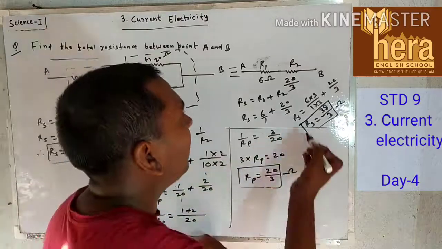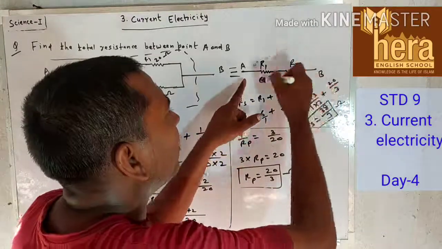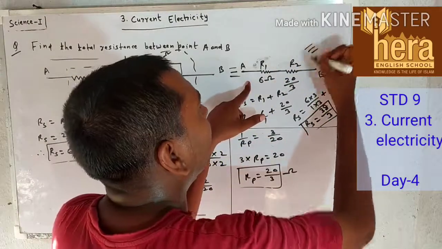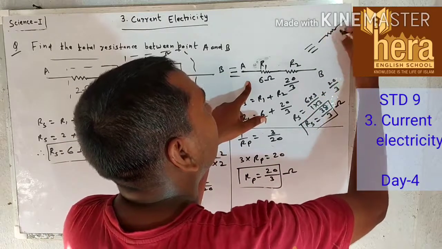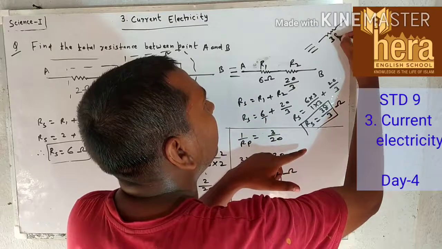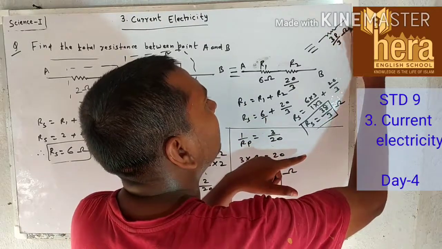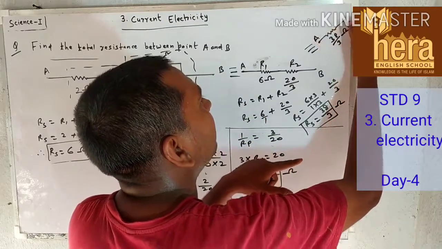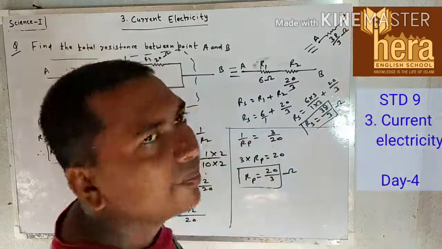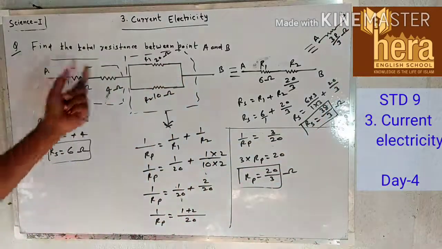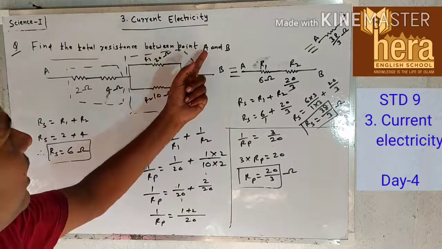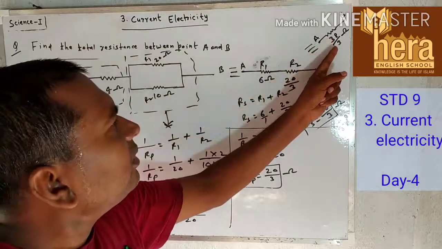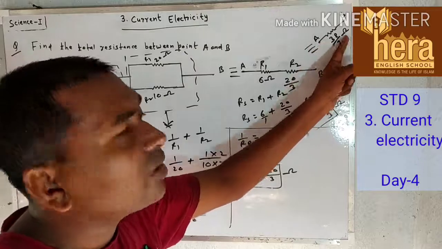After solving this, this is equivalent to 38 upon 3 ohm, with point A here and point B here. Therefore, the total resistance between point A and B is 38 upon 3 ohm. Understood?